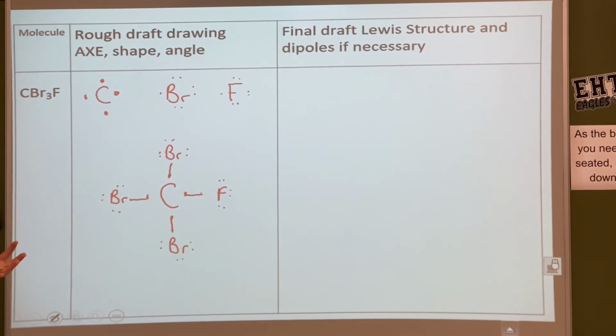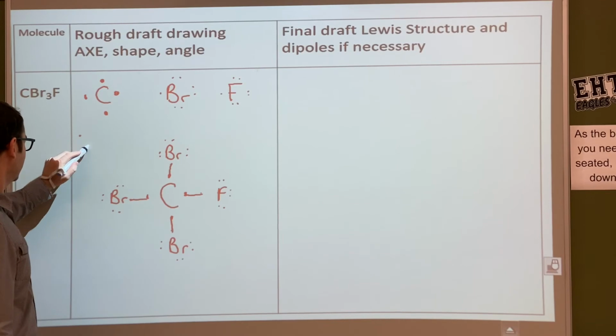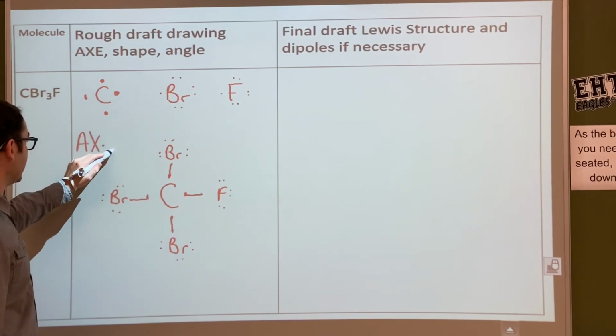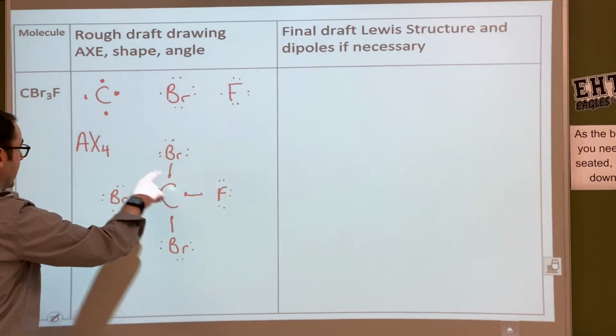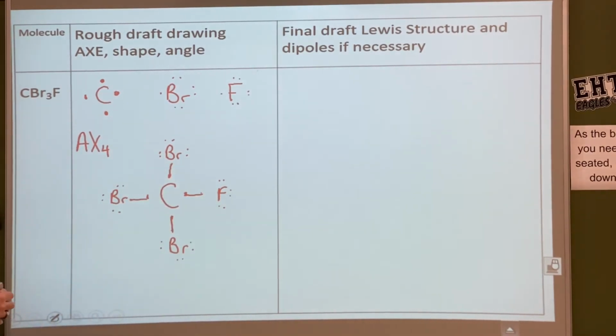But we have some more things we can add to this. For example, what's the AXE for this? Good, AX4, yeah, because there's one central atom and there are 4 connected around it, so AX4, all right?